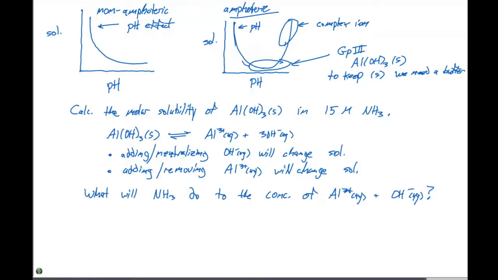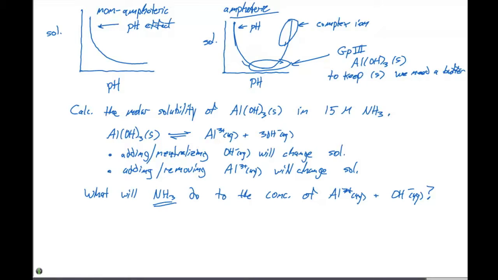One of the things that we also have to keep in the back of our mind is that ammonia is a weak base. So what's going to happen here is we're not just adding NH3.